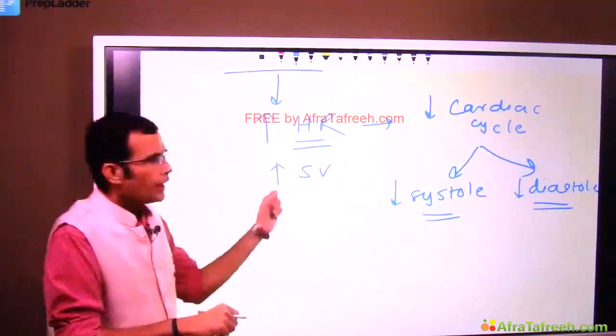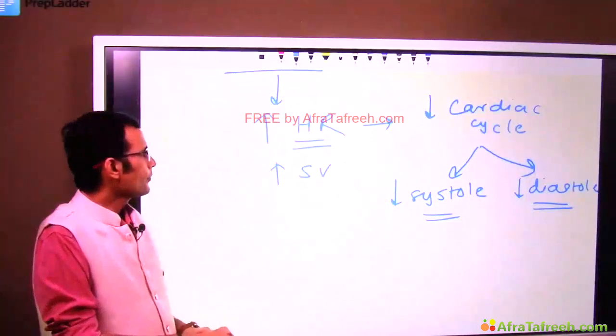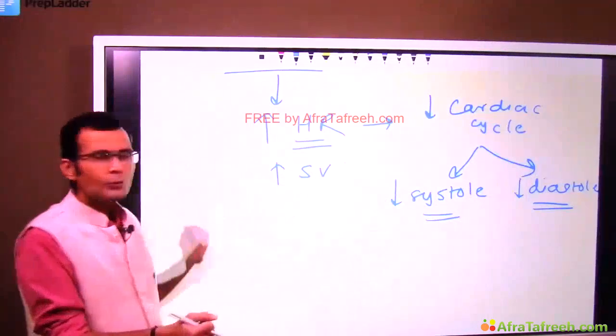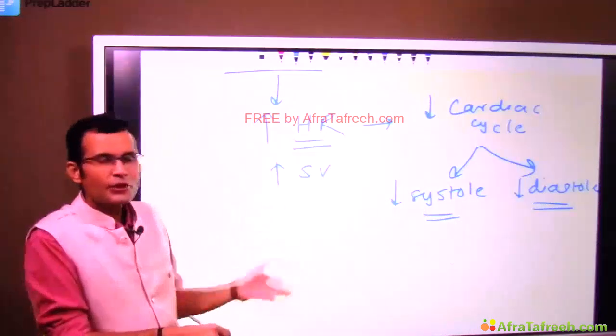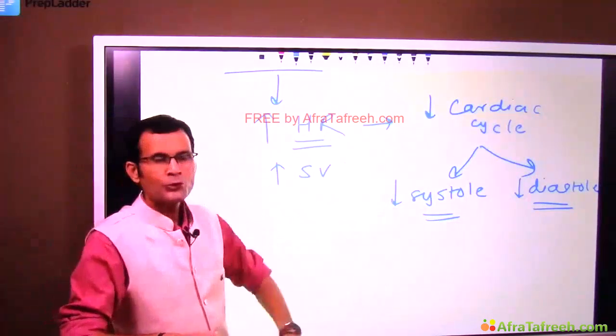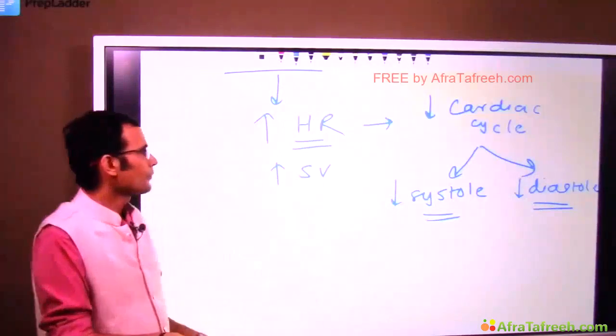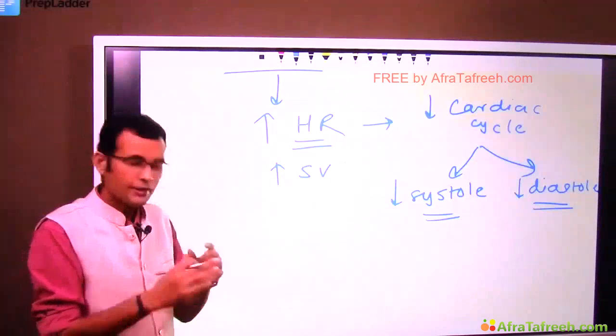Now, if the systole duration is decreased, how can the stroke volume increase? Stroke volume is the amount of blood ejected during systole. So if the systole duration itself is less, how come stroke volume increases? Yes, it does.